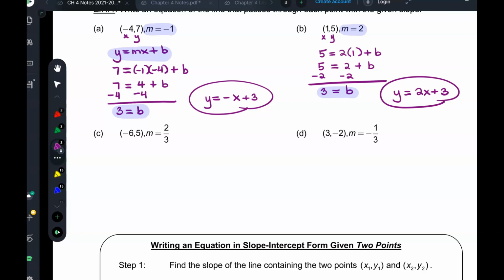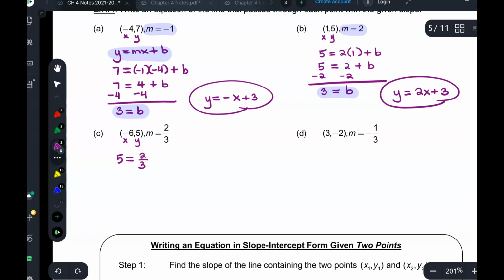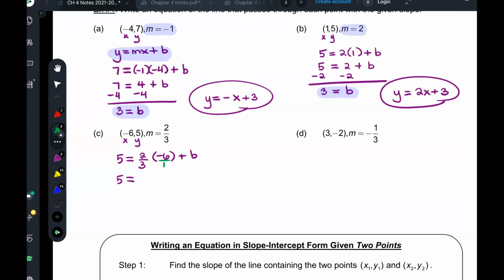Again, if you want to pause it, try the next one on your own and then see if you get it correct. I think that's a good recommendation. Here I have y is 5, then I have slope is 2/3 times negative 6, which is x, plus b. So I bring down the 5. Now 2/3 times negative 6.